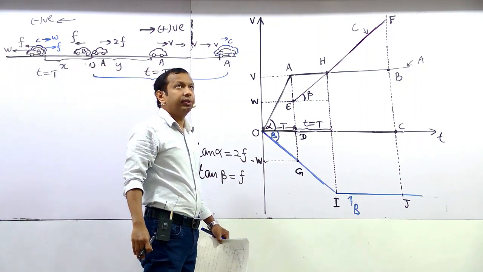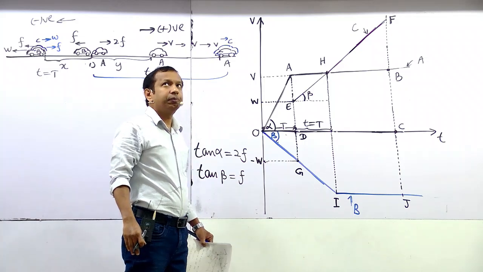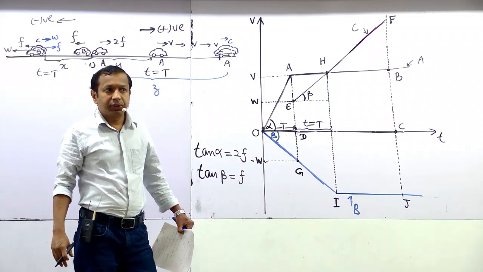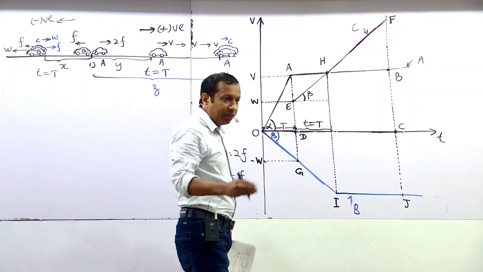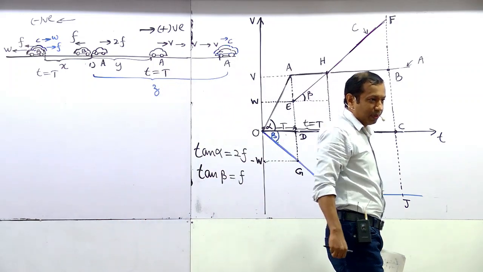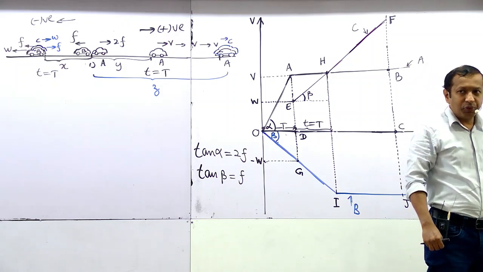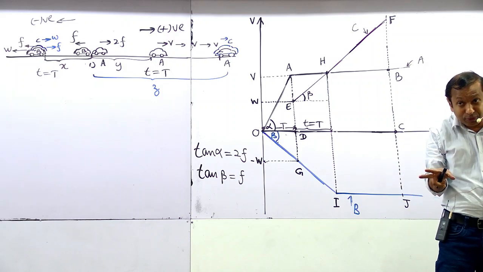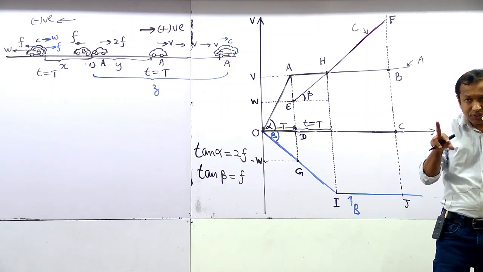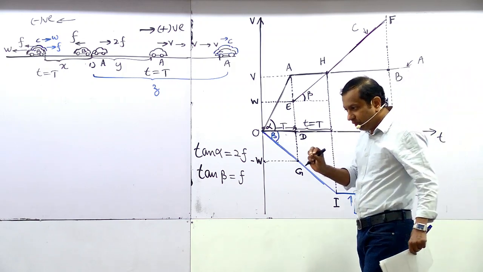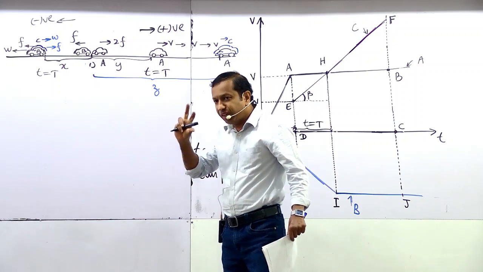I didn't see so far in the past papers questions under VT graph having 3 objects. There's a chance of coming, okay? Relative velocity, that means the second part of the same question. You know this question coming in the applied maths paper, part B, very first question.